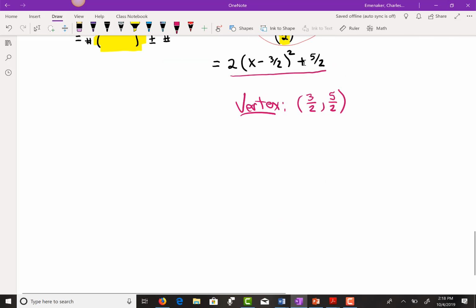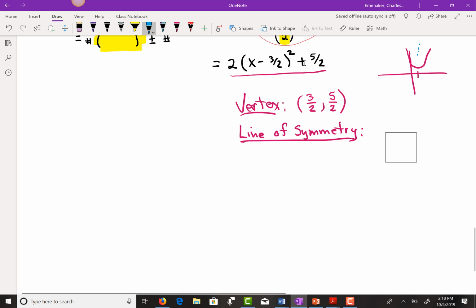Now, sometimes people will want to get fancy on you and ask things like, okay, well, you know so much. What's the line of symmetry? That's actually an easy question. Because if you think about this, what we have is this parabola opening like that, and the line of symmetry is going to be this line right down through the middle of it, isn't it?